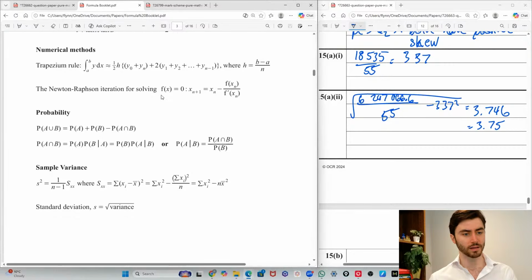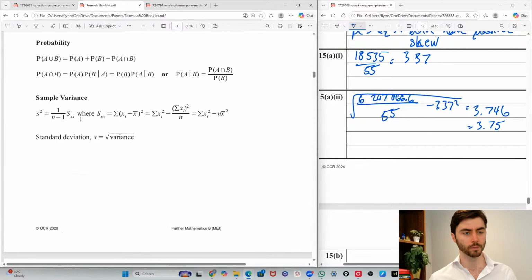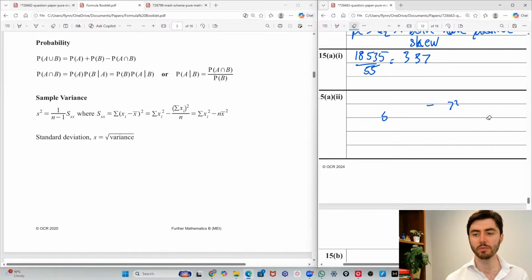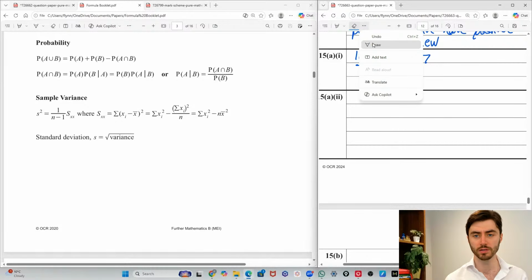Oh, here we go. They're using 1 over n minus 1. Okay, so they're using a different formula. Interesting. I did not realize the different boards use different formulas. That's going to be really problematic for you if you're on this board using any materials from other boards.